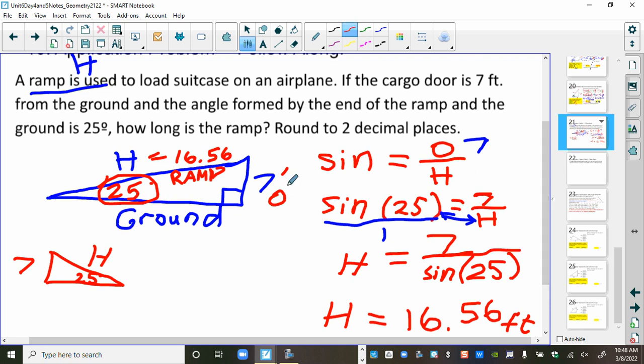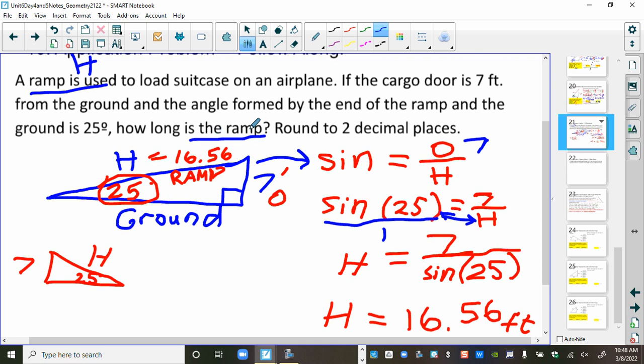But again, most important is your setup. Give me your right triangle, boom. I have the opposite. I need a hypotenuse, but as long as I have an opposite, I can get that. So if we're looking for the ramp, that's the other part.